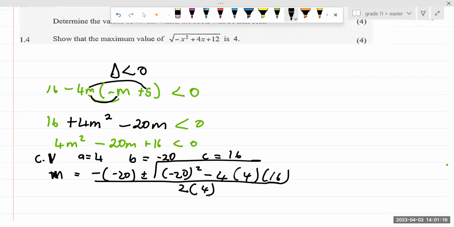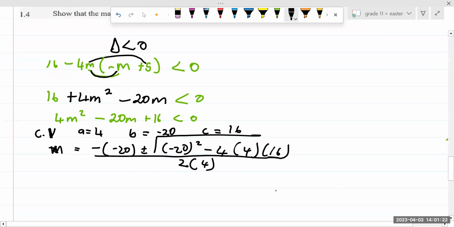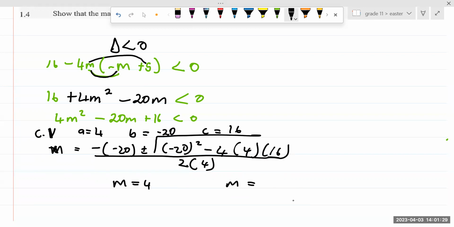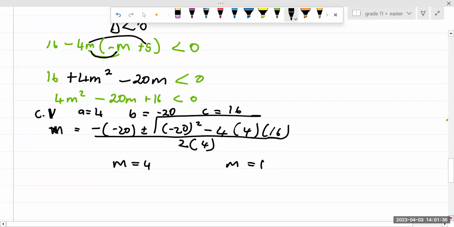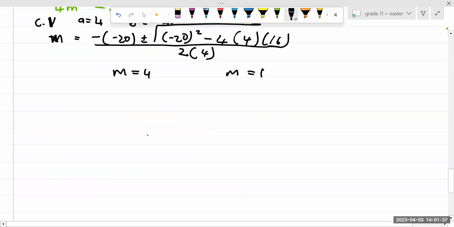What do you get as your answer? m is 4. Yes, okay, m is equal to 4. And then the other m is what? 1. It's 1.